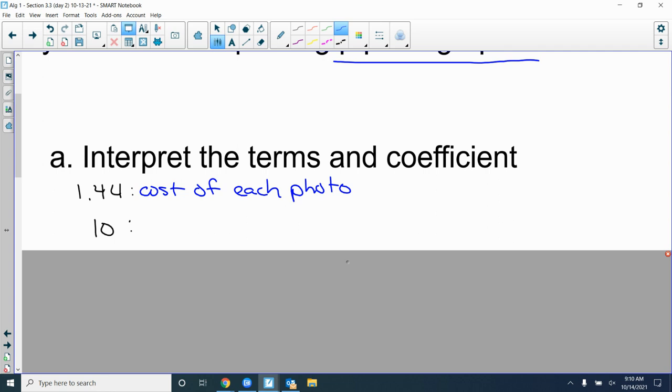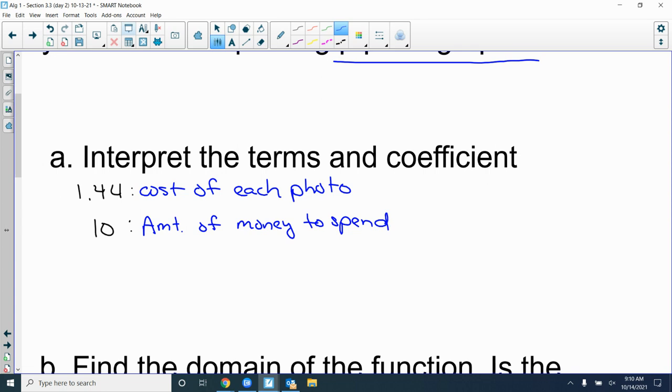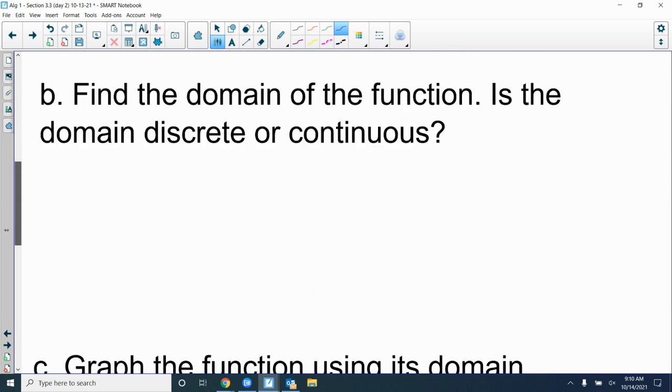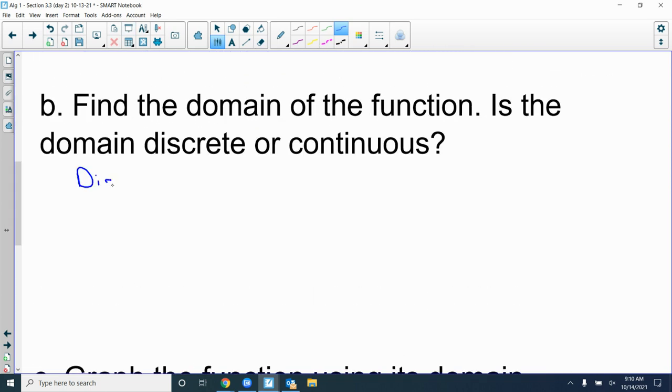That's what you got in your pocket, I guess. So that's the amount of money you have to spend on photographs. Can I get a partial photograph? No, so does this make this discrete or continuous? Discrete.